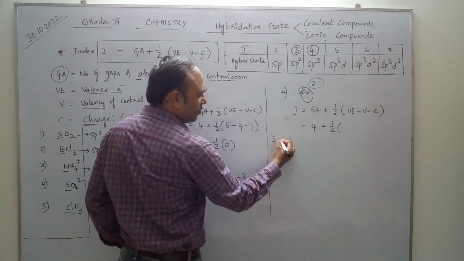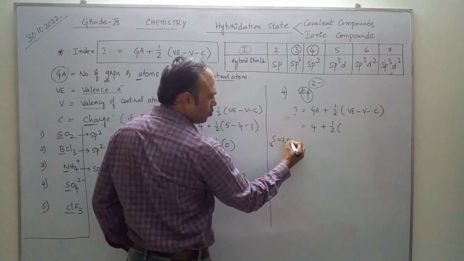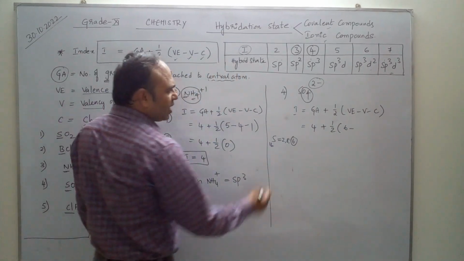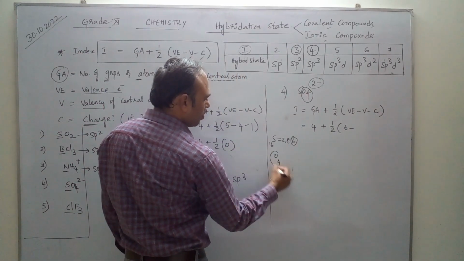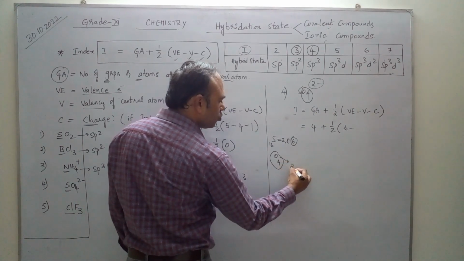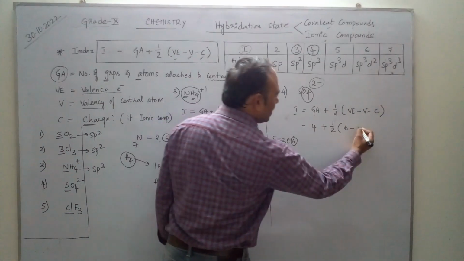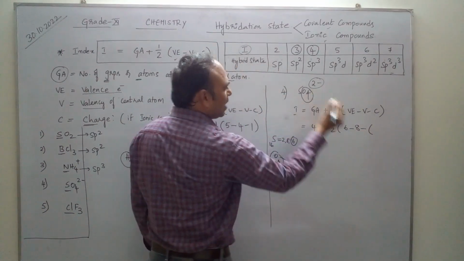Valence electrons of sulfur, you know, atomic number 16, 2, 8, 6, hence the valence electrons are 6. Coming to valency, we have O4, valency of oxygen is 2, number of atoms 4, hence we get V value as 8. Now the charge is minus 2.